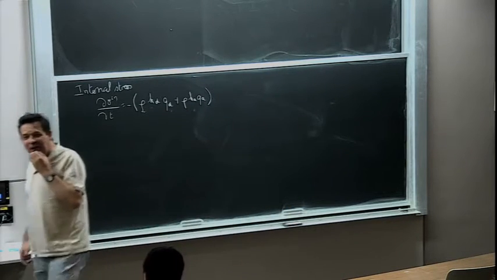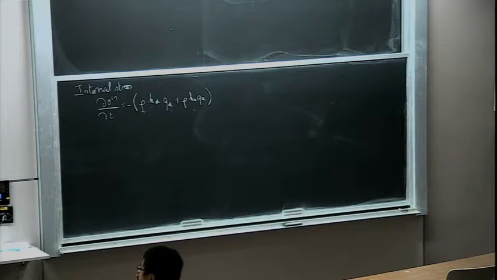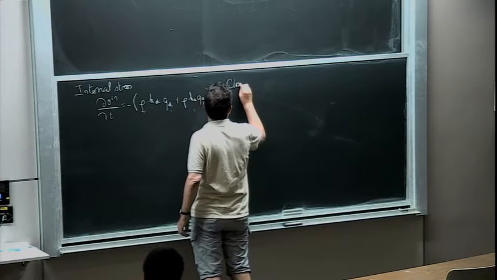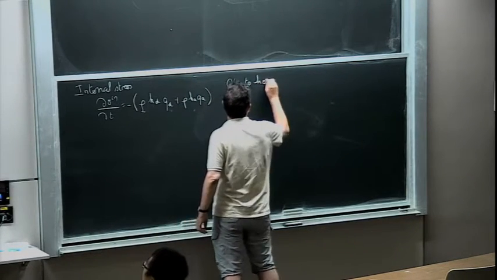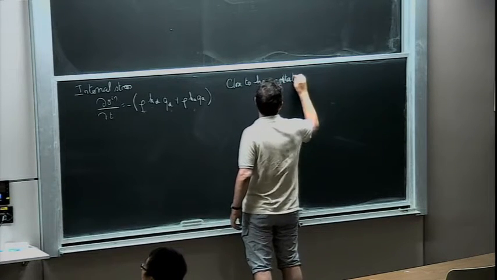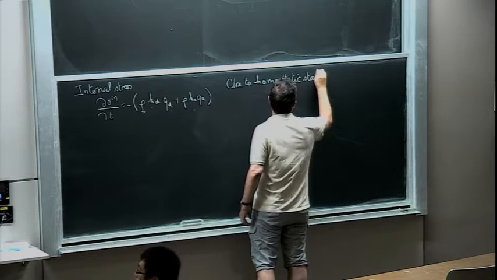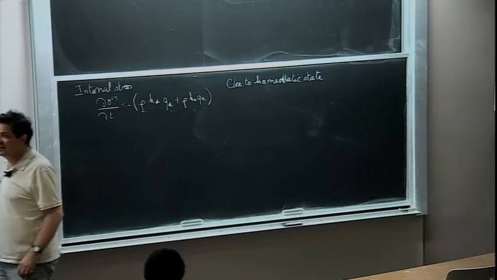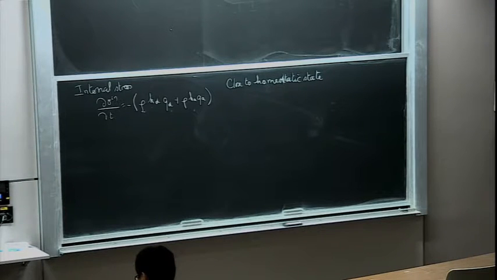Okay, what I want to do now is look at what happens close to what I call the homeostatic state. So I want to go close to the homeostatic state. Now, what I told you this morning is that at the homeostatic state, the cell division rate is equal to the cell death rate.